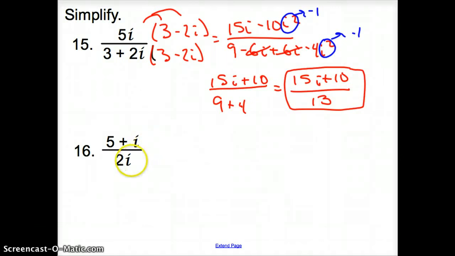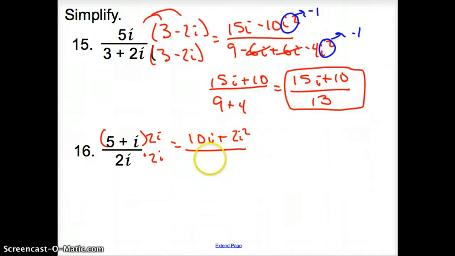Now 16, again, we cannot have i's in the bottom of a fraction, so we have to multiply that out of there. How do we do that? Well, I'm just going to multiply top and bottom by 2i and 2i. There is no plus or minus sign down there, so I don't have to change anything. So on top, I get 10i plus 2i squared all over 4i squared.